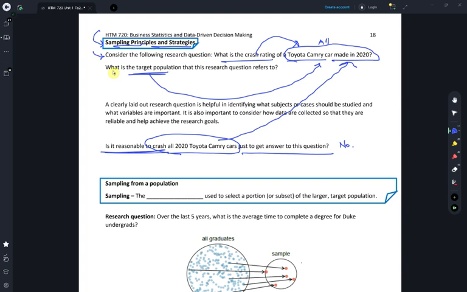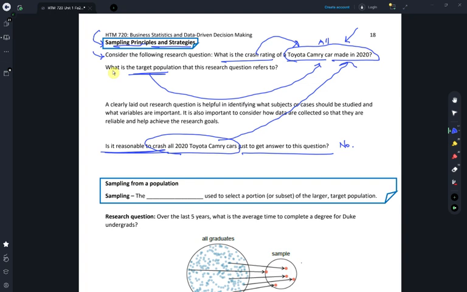Absolutely no. What might suffice would be to select a random sample of this population of interest, take them into a controlled environment, crash them, and get the data value that we seek.